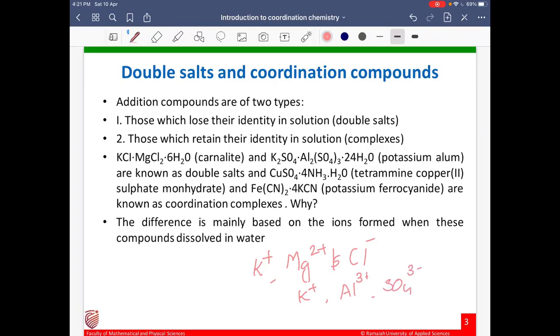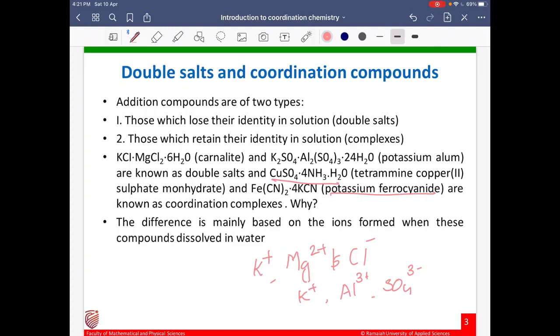These are examples of double salts, which exist only in the crystalline state. The other two examples, tetraammine copper(II) sulfate monohydrate and potassium ferrocyanide, exist as distinct entities both in solid and in solution. Complex ions are shown by the use of square brackets.